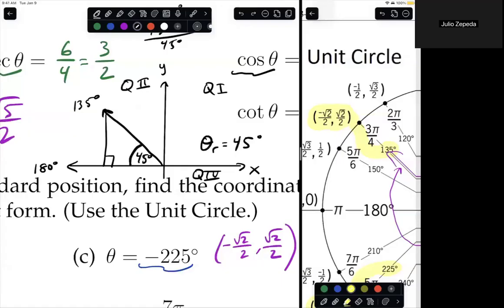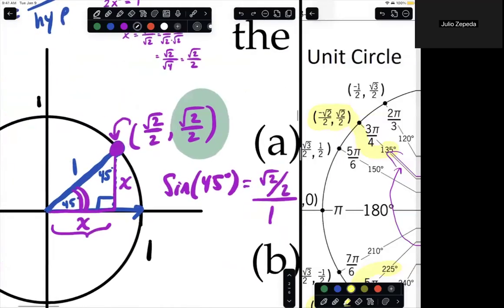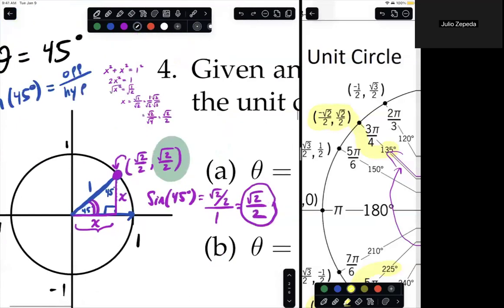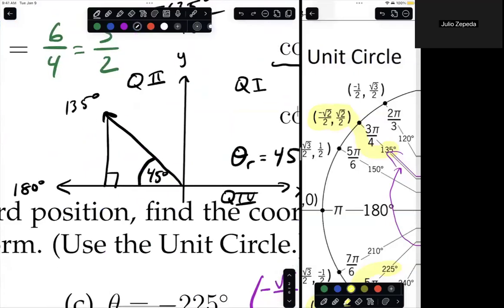So it's 45 degrees. And earlier, we said if we have a 45-degree angle, then if we're considering that we are on the unit circle, this side length is going to be 1. Then the other two side lengths will be square root 2 over 2 and square root 2 over 2.